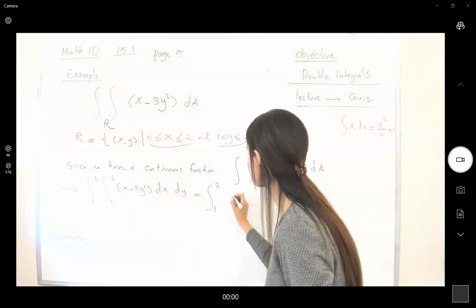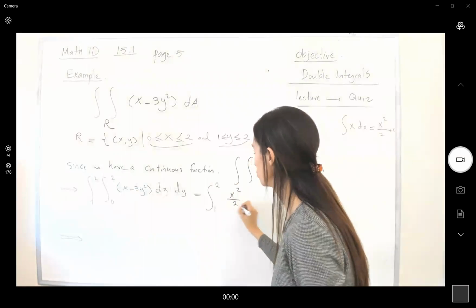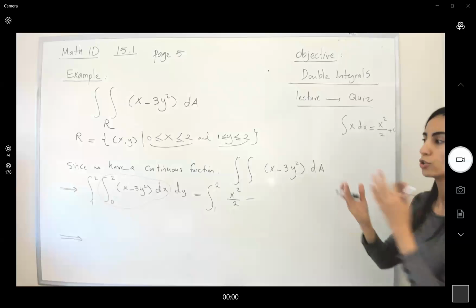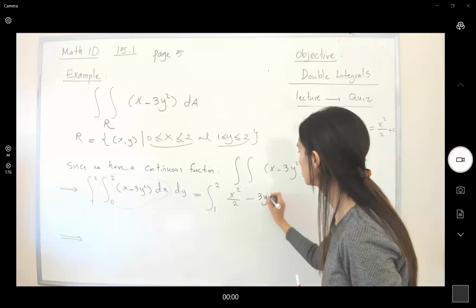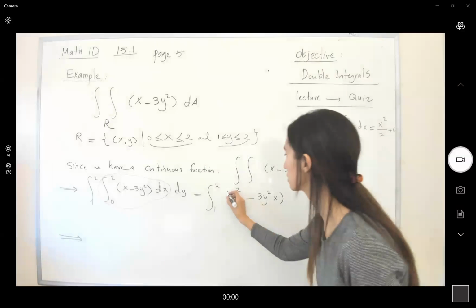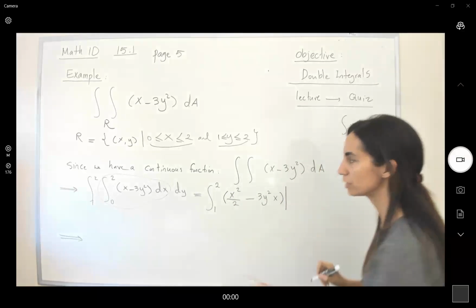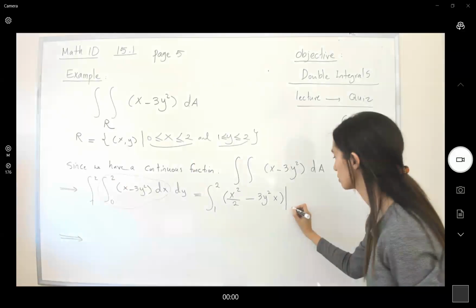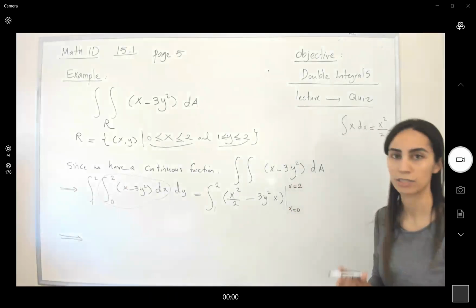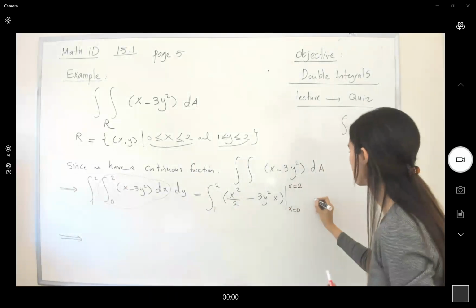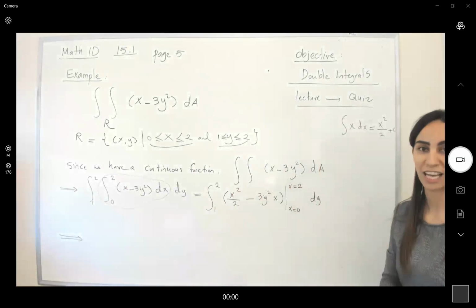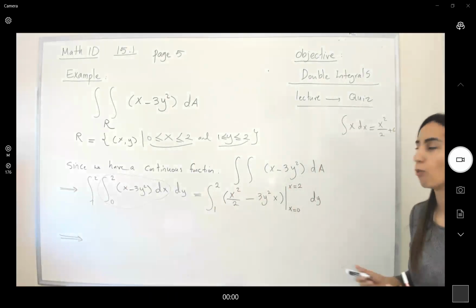So here you have x squared divided by 2 minus, this is just a constant, so we copy down 3y squared times x. Now you have this quantity, which ranges from 0 to 2 for x, a definite integral. Then you take the integral of this quantity after calculation with respect to y.